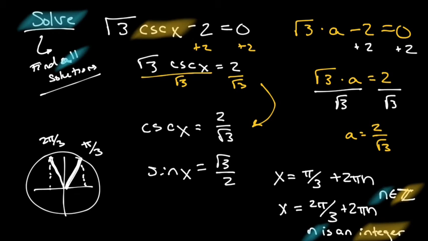It's basically saying n is any one of the integers. And there we have all solutions. There's no other solutions that we missed. That's it.